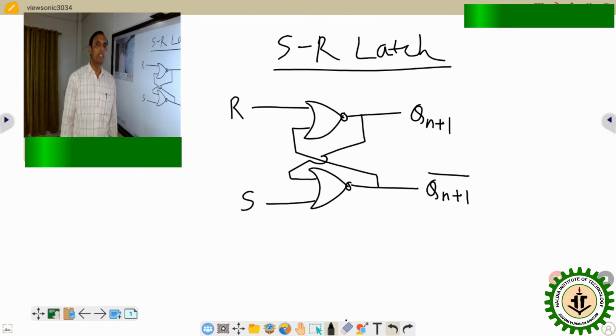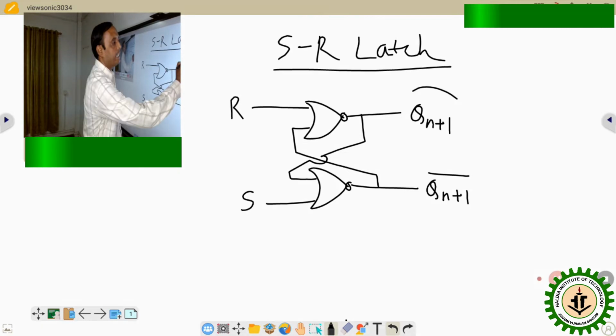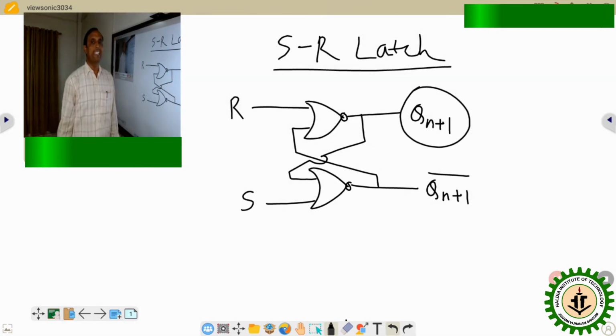Depending on both parameters, the next output is determined. That's why here Qn+1 is indicated. Qn is the current output and Qn+1 will be the next output, and Qn+1 bar is the complement of that. So obviously these two will be complements of each other.